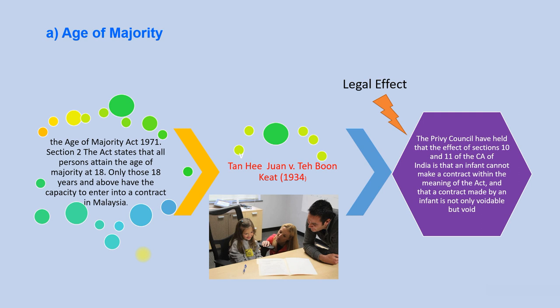As long as that person is 18, he is considered as of the age of majority, meaning he is an adult. So below 18 years old, in other words, he or she is not capable of entering into a valid contract.